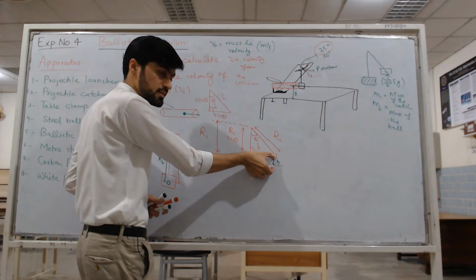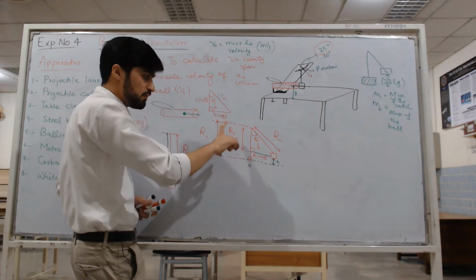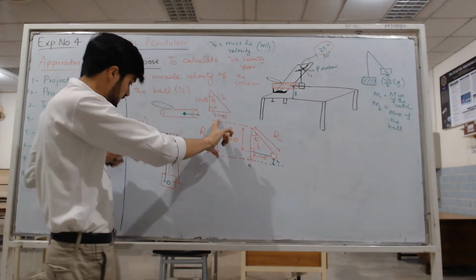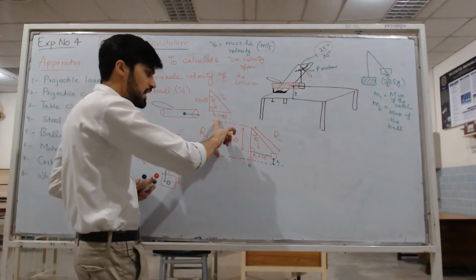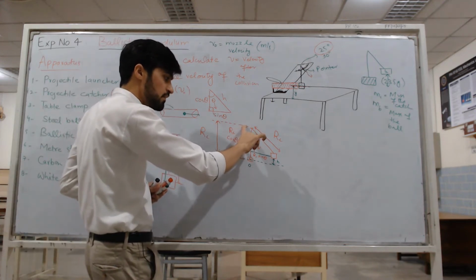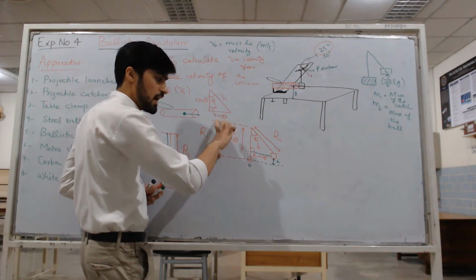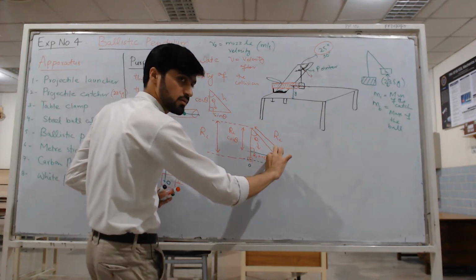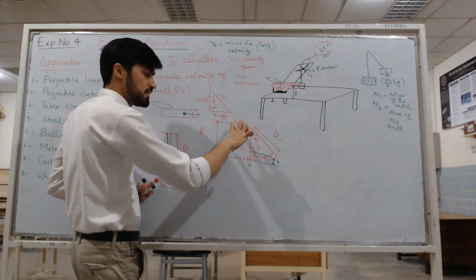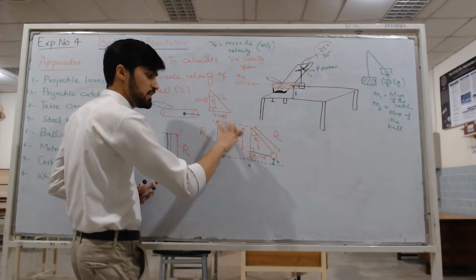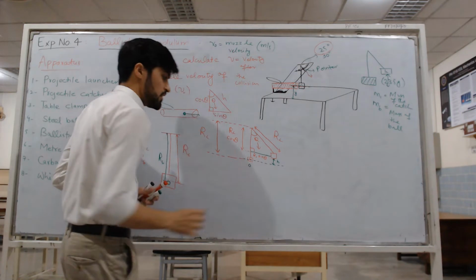How to calculate this h? Simply, if we know this total distance RC, which we can calculate, and if I subtract RC cos theta from this RC, I will get this h. If I subtract RC cos theta from RC, I will get this height h. So how to calculate?